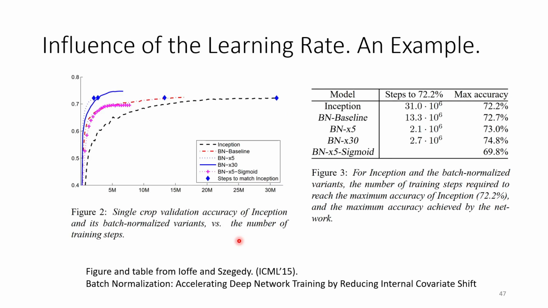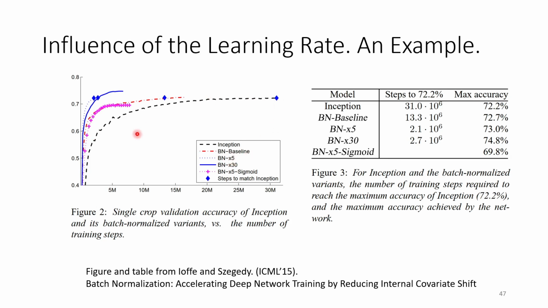We saw this slide before, when we talked about batch normalization. Here you can see the curves for the different settings; this one just means the learning rate. The black dashed line is the original Inception net, the Google Net. When they introduced the batch normalization method for the Inception net, they found they could enlarge the learning rate.